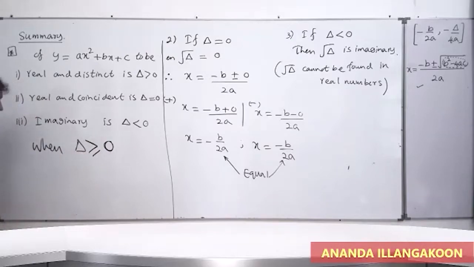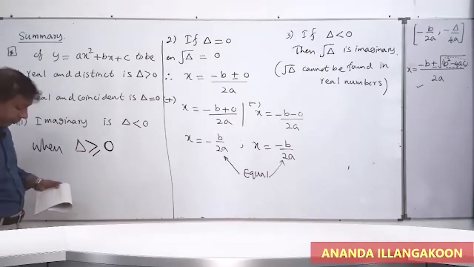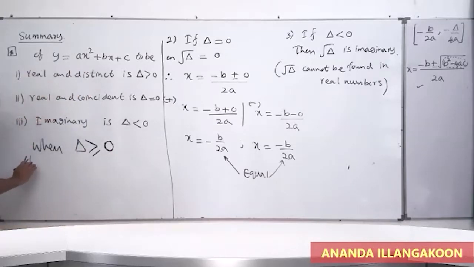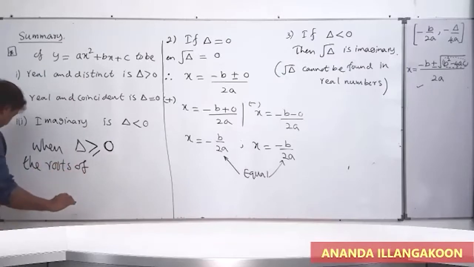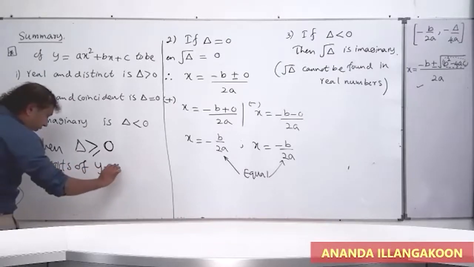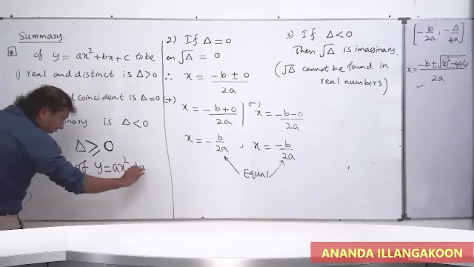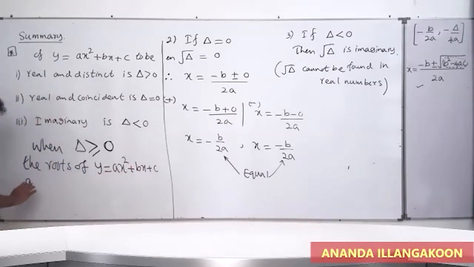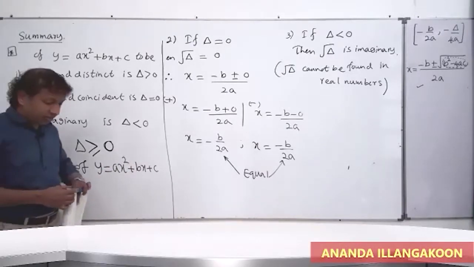When delta greater than or equal to 0, the roots of y equals ax squared plus bx plus c are real.